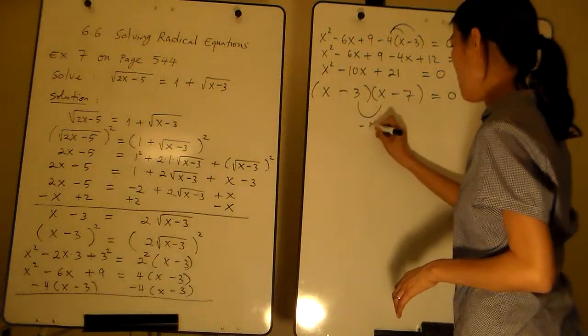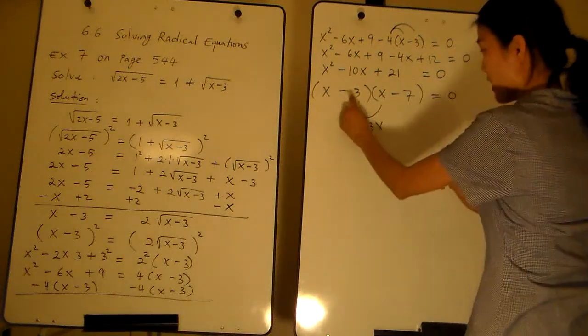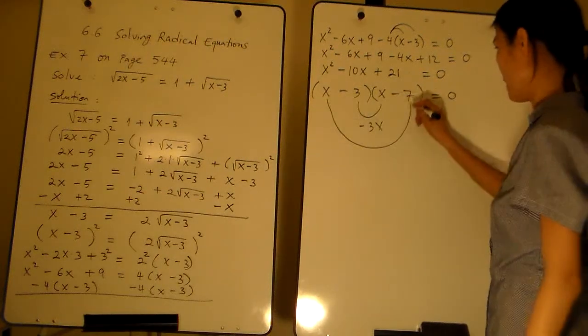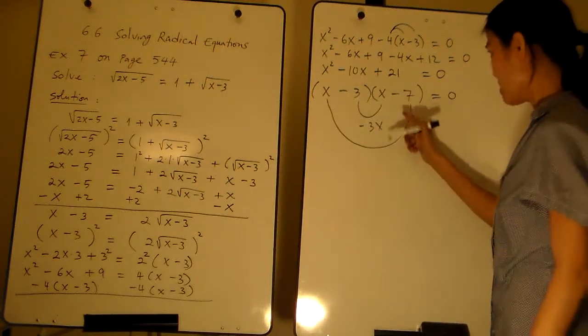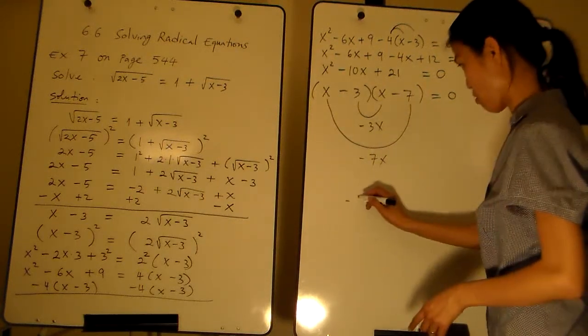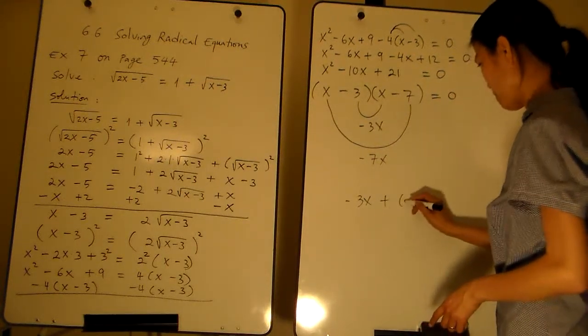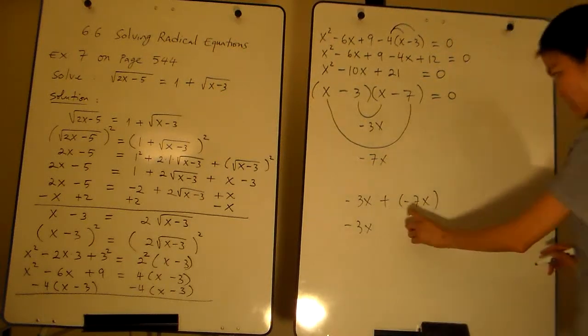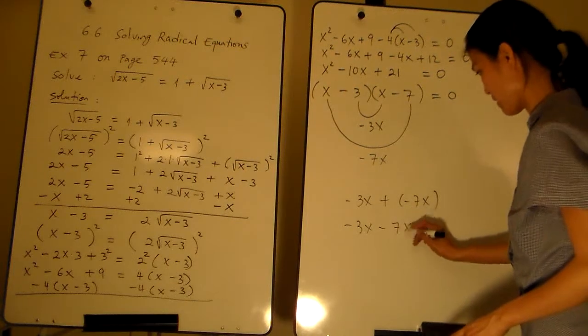So negative 3x, you multiply negative 3 times x is negative 3x. You multiply the outer, x times negative 7 is negative 7x. So you take the sum of these two terms, negative 3x plus negative 7x.